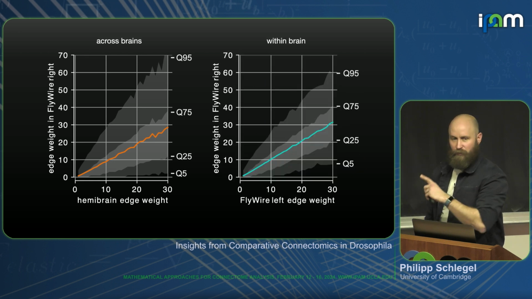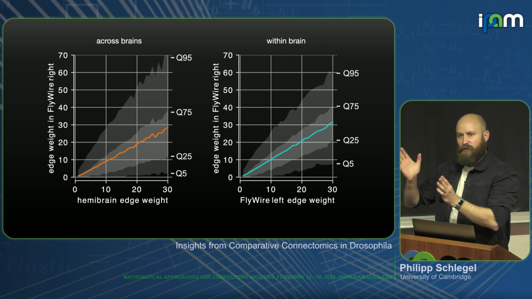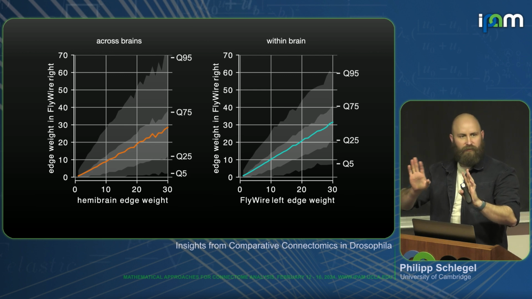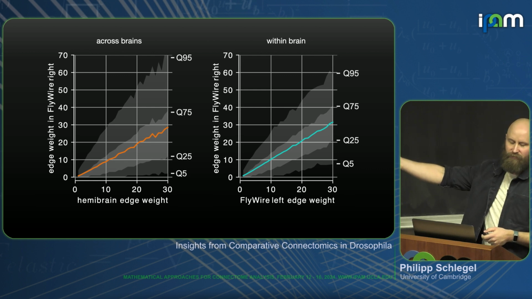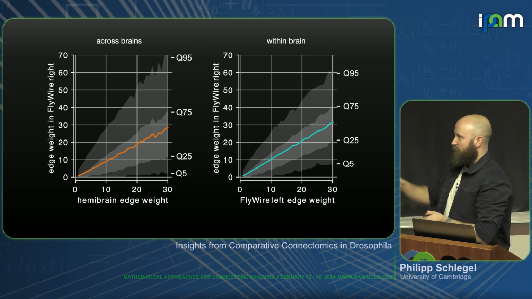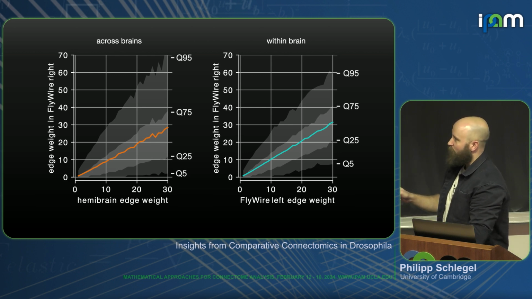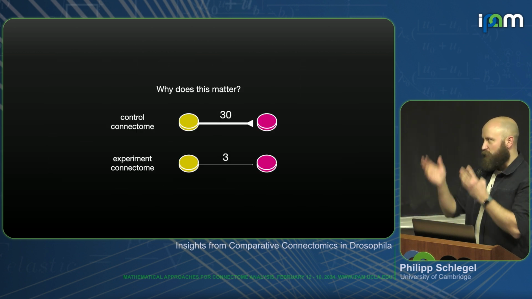We can also do the same thing within brains, so left versus right, where you would think that some of the issues with the dataset modality, the difference in the dataset, would go away. Say, the hemibrain, for example, is a FIB-SEM volume, presumably with fewer alignment errors. So some of that will go away, and indeed it looks slightly better, but you can see the envelopes are still huge.